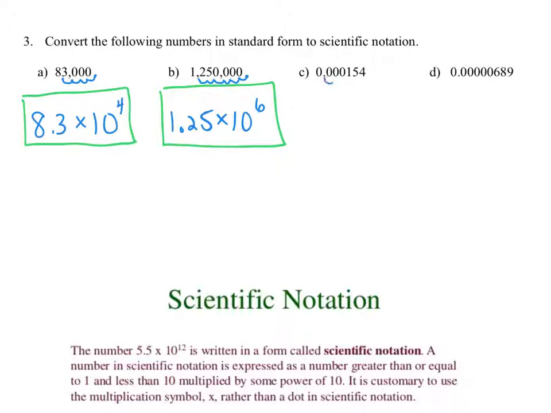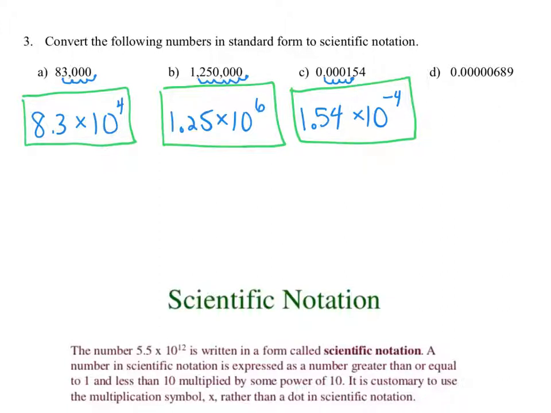We move that decimal place 1, 2, 3, 4 places until we get to the number 1.54, and we're going to multiply by 10 to the negative 4 power, since 10 to the negative 4 power is 1/10,000th. So we can write 0.000154 as 1.54 times 10 to the negative 4 power.